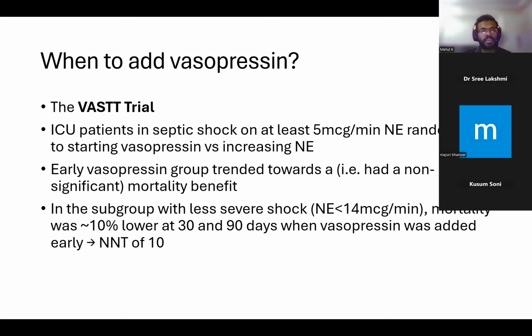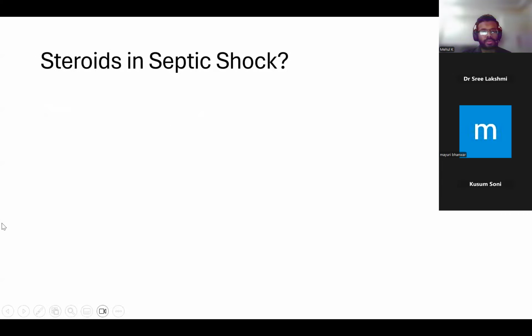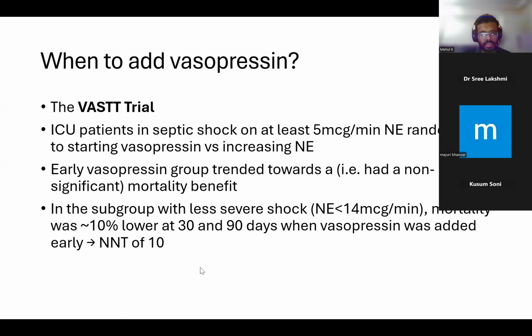The patients who were started on vasopressin earlier actually had a trend towards mortality benefit. So if your patient is very sick and is needing increasing doses of noradrenaline, it is a better idea to start vasopressin sooner rather than later in these kinds of patients.